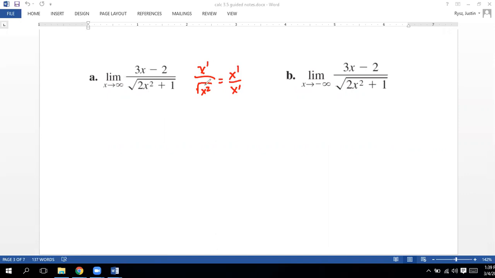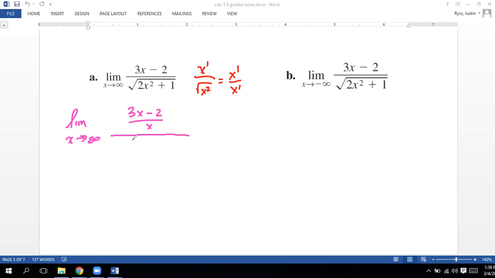Now, in order to figure out what this evaluation is without a graphing calculator, remember, we can always go back and double check these on a graphing calculator. In fact, I would highly recommend doing that just to make sure you did this right. We're going to divide. To make our life easier, we're still technically taking the limit here, but we're going to divide 3x minus 2 by x.